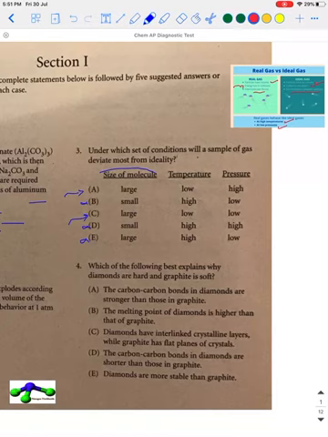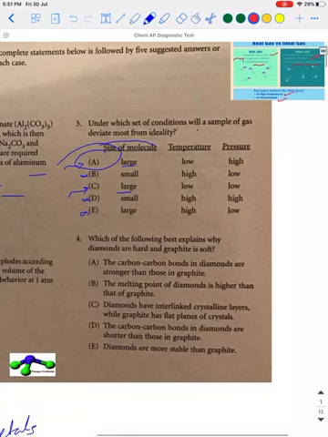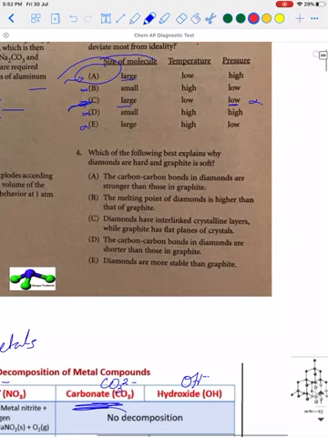Anyhow, in this problem both have large molecules, but the correct one is with low temperature and high pressure, so the answer is A. No, because this one is incorrect.